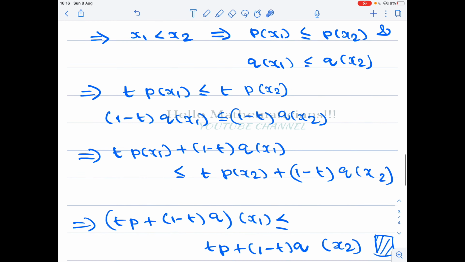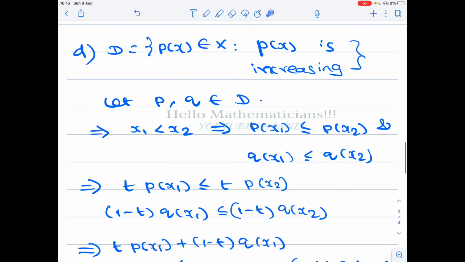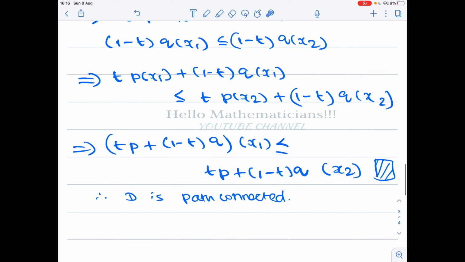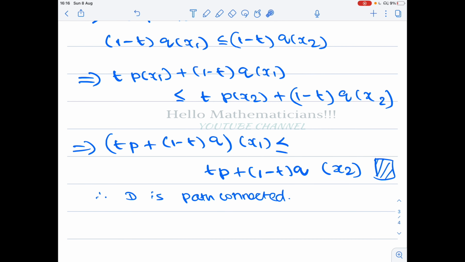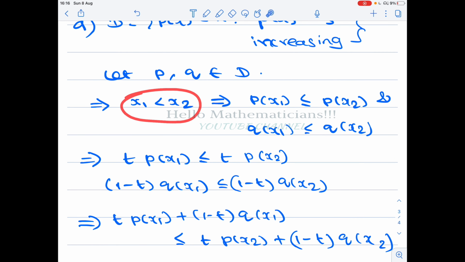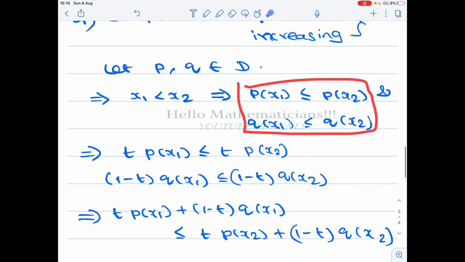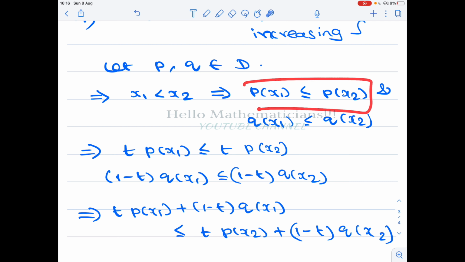Now to prove that the function tp plus (1 minus t)q is increasing, I assume x1 less than x2. I want to show that (tp plus (1 minus t)q)(x1) ≤ (tp plus (1 minus t)q)(x2). This will imply that the function is increasing. So x1 less than x2 implies, since p and q are increasing, we get these two inequalities. In these inequalities we can multiply both sides by t because t is non-negative.